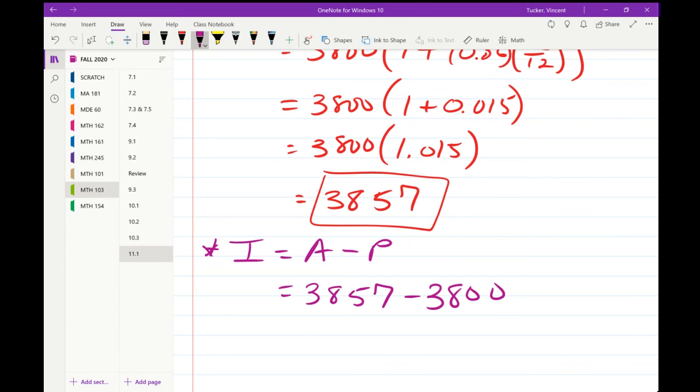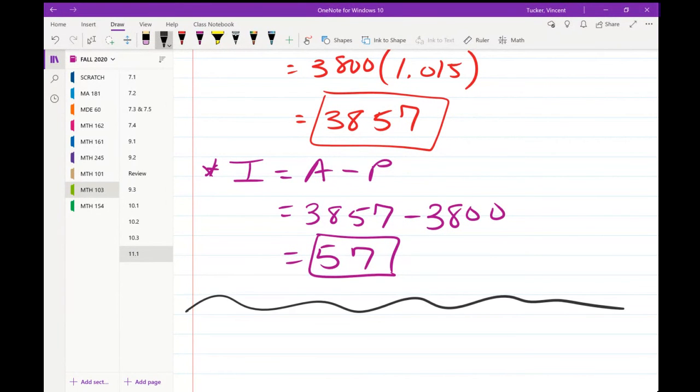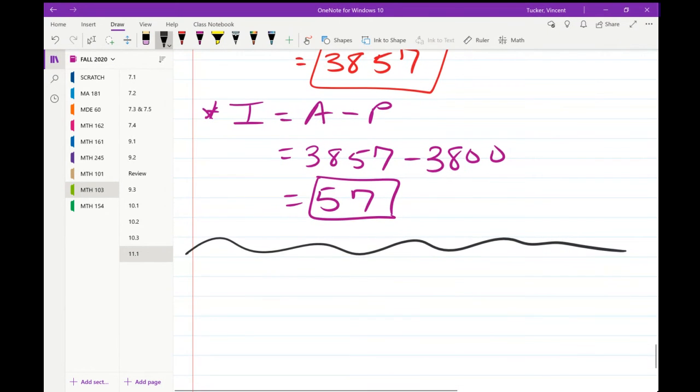Our principal is 3,800. So subtract the two. $57 was earned. So my interest was $57. All right. Questions? We've got one more out of this section.